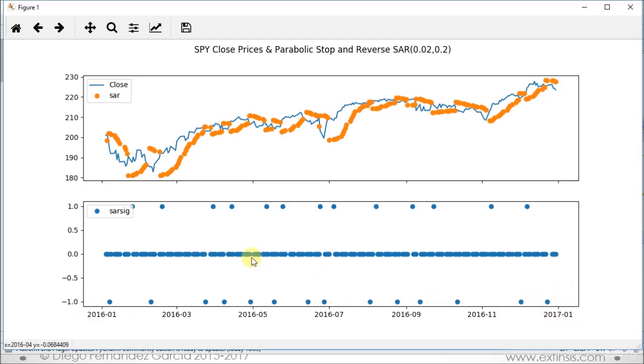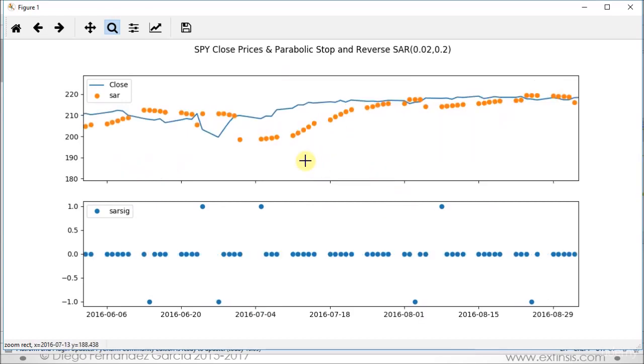They share the horizontal axis of dates from the beginning of 2016 to the beginning of 2017. So let's focus on some area to just visualize the corresponding signal. So let's say we do so right over here. Perfect. So as mentioned, whenever we had a change, like in this case in which we are going from a downtrend and stop and reverse into an uptrend, then we have the corresponding buy signal.